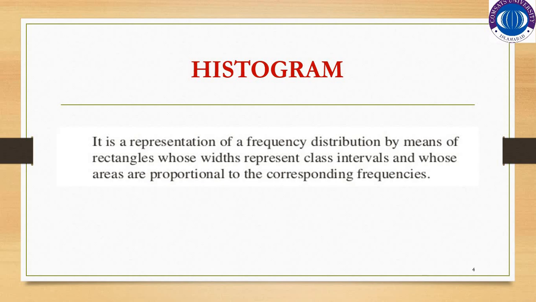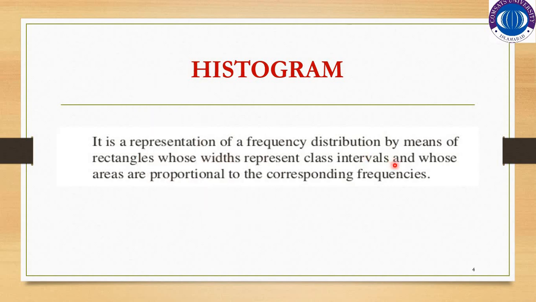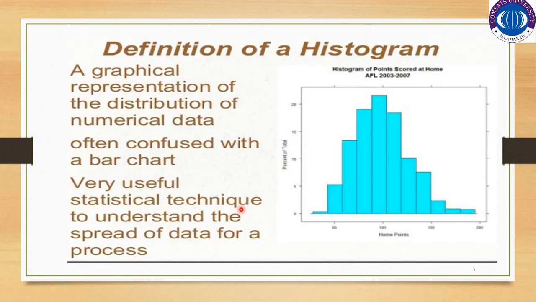It is a representation of a frequency distribution by means of rectangles whose widths represent class intervals and whose areas are proportional to the corresponding frequencies. You are familiar with these terms, class intervals and frequencies, which we have discussed in the previous part. And now, the definition of the histogram.